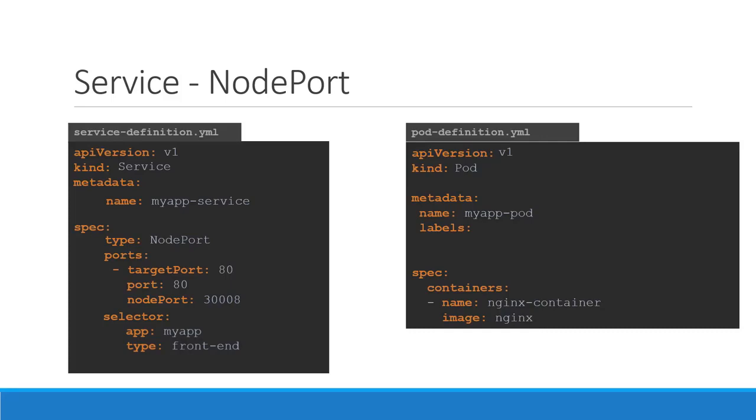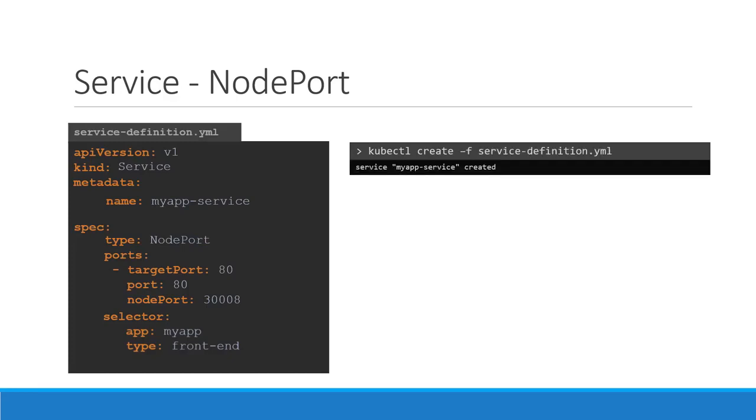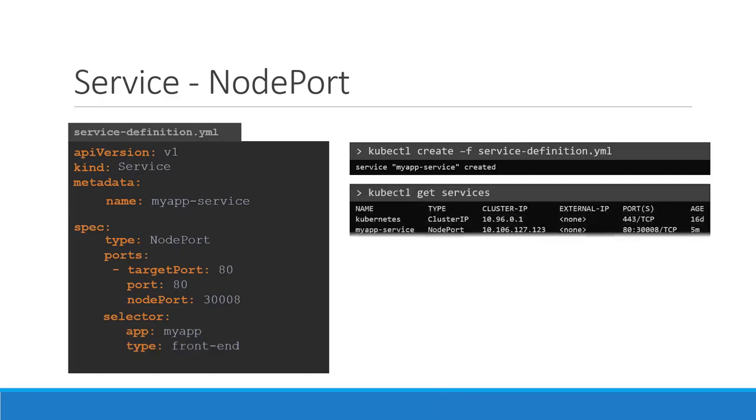Once done, create the service using the kubectl create command and input the service definition file, and there you have the service created. To see the created service, run the kubectl get services command that lists the service, the cluster IP, and the mapped ports.